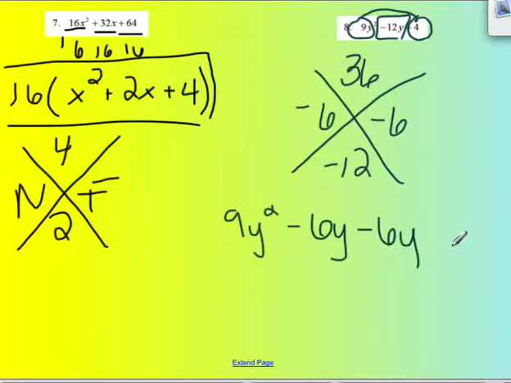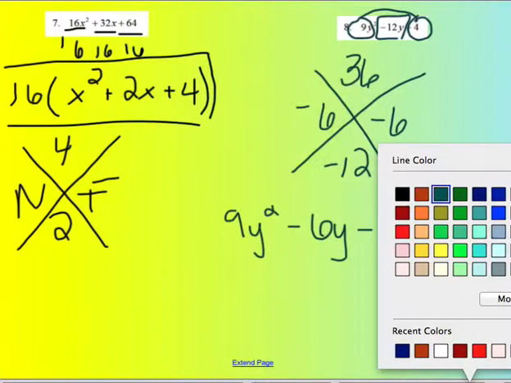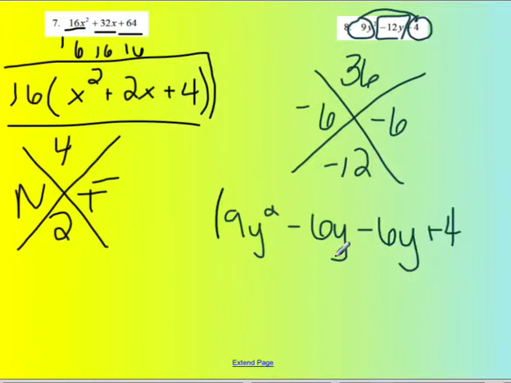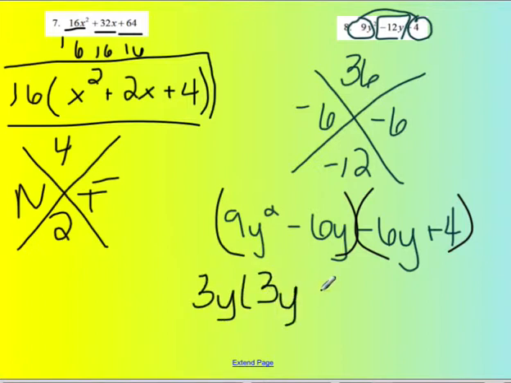So now I am ready to factor by grouping. So I'm going to go ahead and make my two different groups. So I have a group here, and then I have a group here. So between 9 and 6, I can take out a 3, and I can also take a y out. So I'm dividing each of those by 3y, and I'm left with 3y minus 2. Now, there's a negative in the middle of the two groups, so I need to take out a negative greatest common factor.